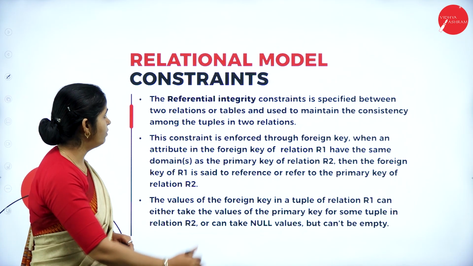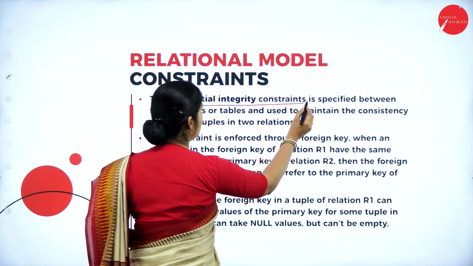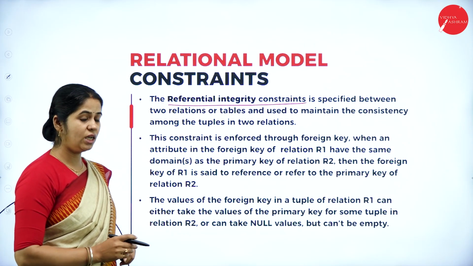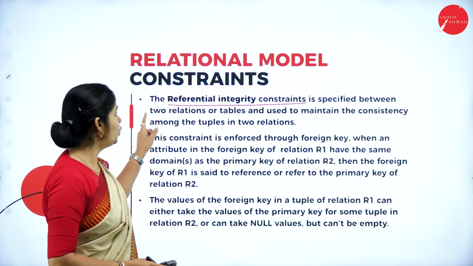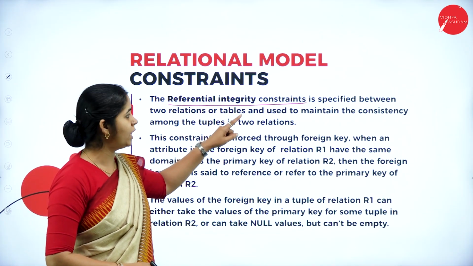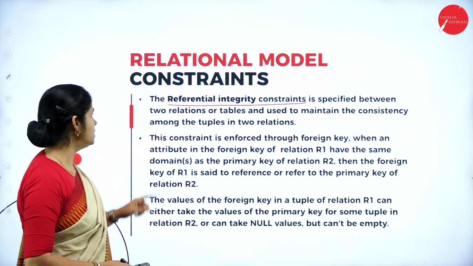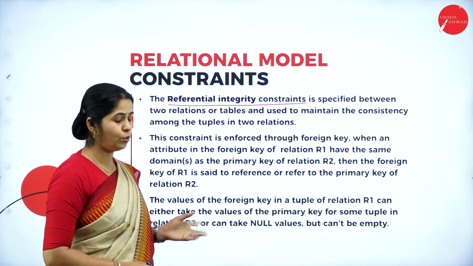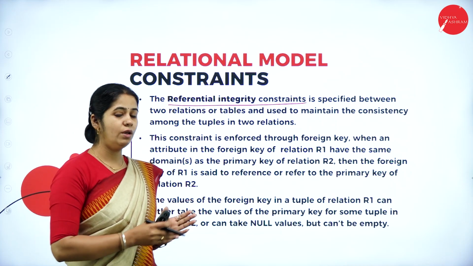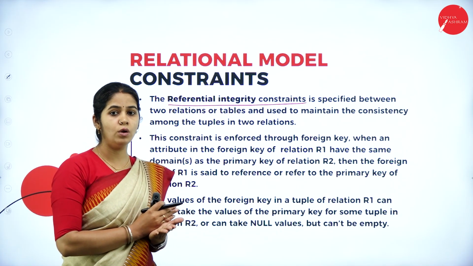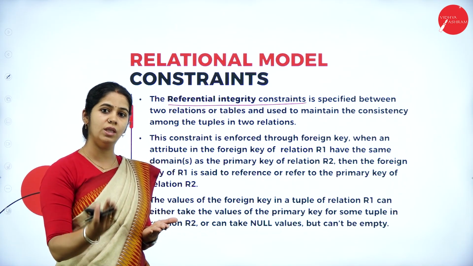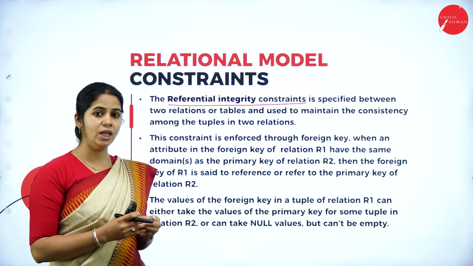Next, what we have is the referential integrity constraint. Referential integrity constraint is specified between two relations, or two tables, to maintain the consistency among the tuples in the two relations. Whatever key value we are using should be used in the other relation. How do we provide the connection?